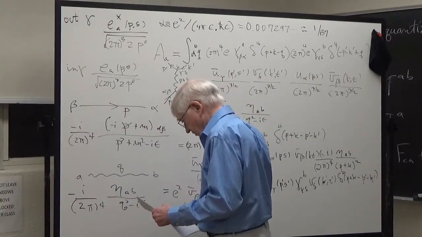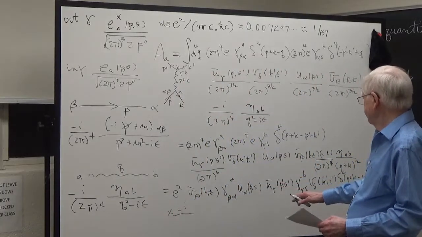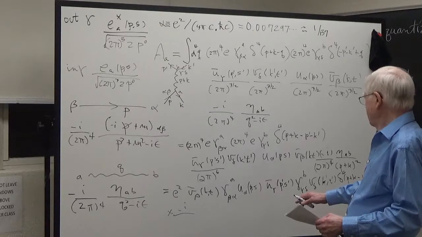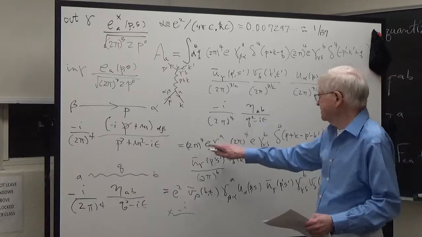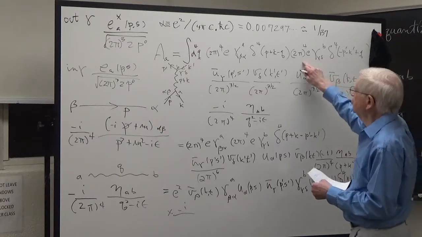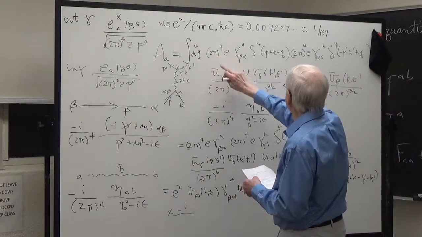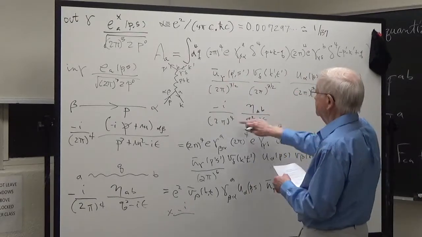minus i over, and now if we look at the 2π's, (2π)^10 in the denominator, no, those 2π's, oh God, where are my 2π's? All right, we started out with (2π)^8, and then here we had (2π)^6 and (2π)^4.